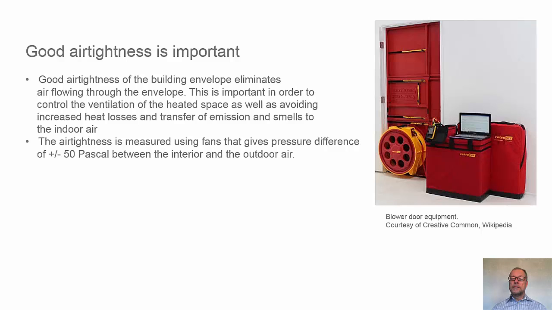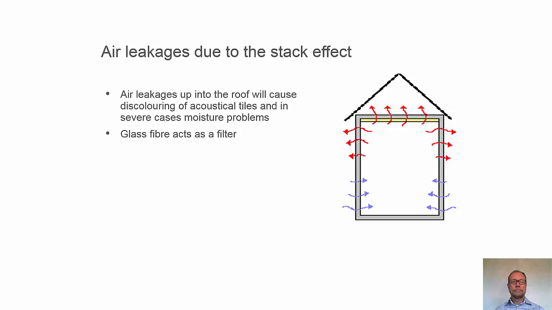It's basically a big fan. You mount it in the door hole, and you blow in air so you can build up an overpressure in the building or underpressure of 50 Pascal, and then you measure how much air is flowing in or out of the building, and then you get an idea of how tight the building is.